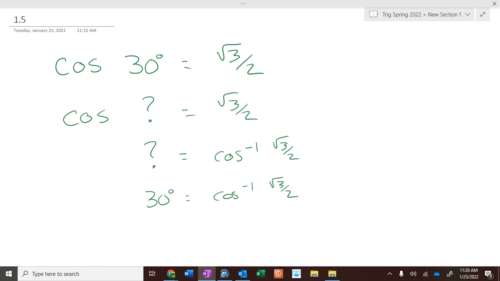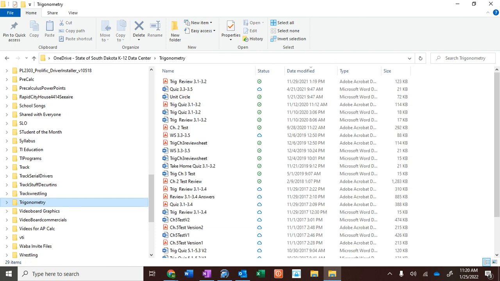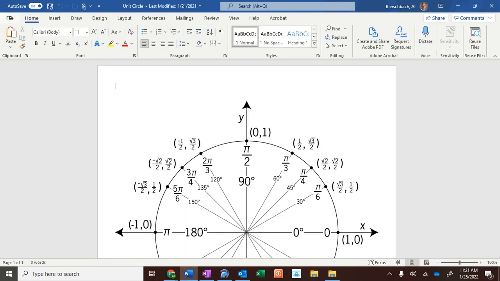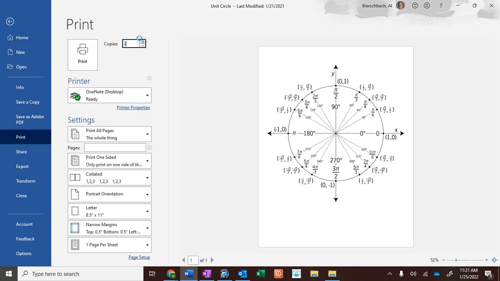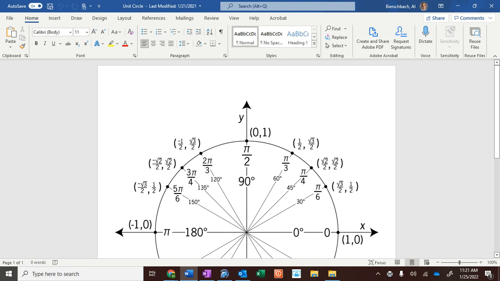But I'll see if I can find an extra unit circle. All right, Mr. Brown, walk over to Mrs. Olson's room and grab it out of the printer.